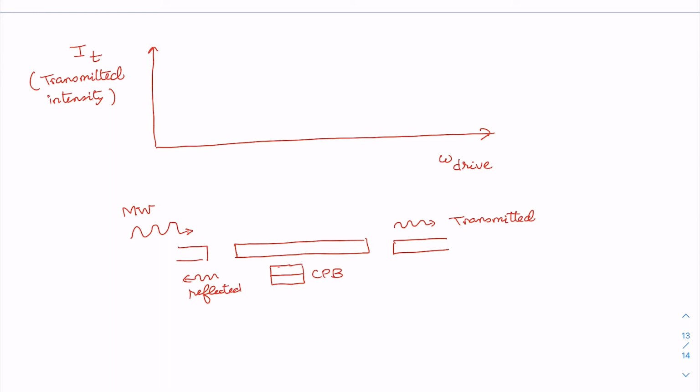And what they observed, they basically measured the intensity of this transmitted beam, and when they did the experiment, first of all they observed that when there is no Cooper pair box or qubit, they observed one single peak like this.